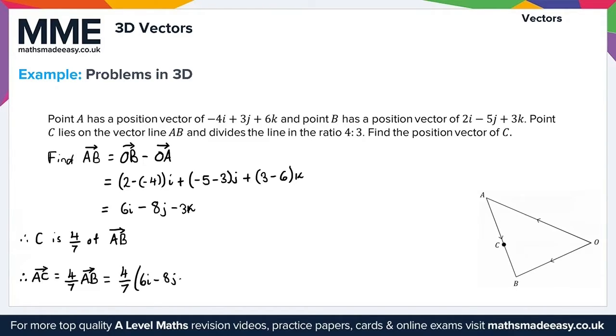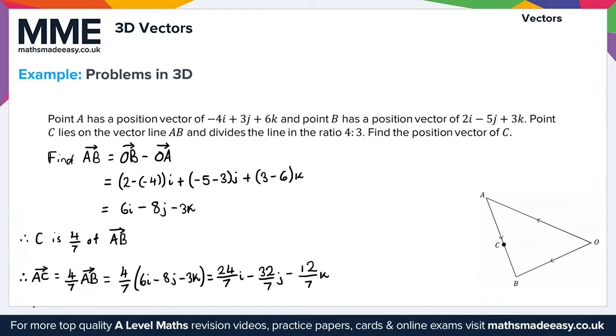We write that in full, and if we simplify, we get 24/7 i minus 32/7 j and finally minus 12/7 k. That gives us the vector AC.